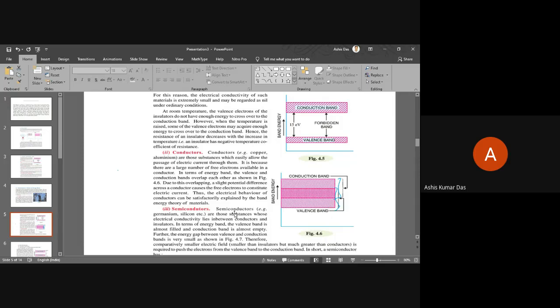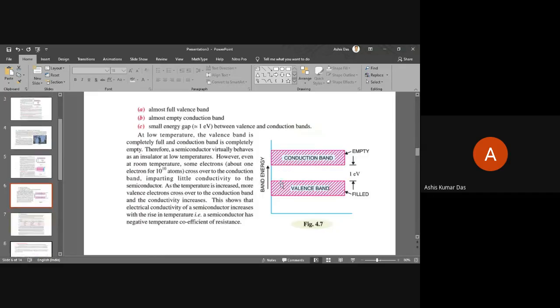But in the semiconductor, as we see in the next slide, the forbidden energy gap between the valence band and the conduction band is nearly about 1 electron volt.